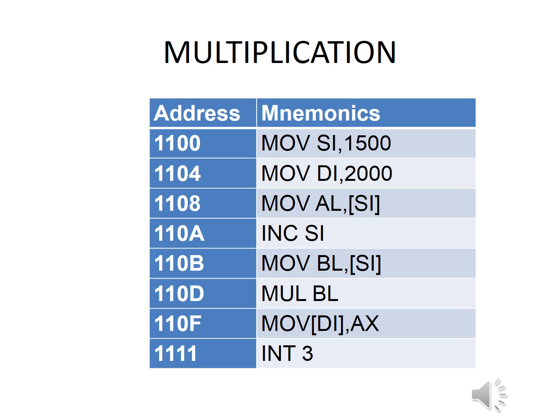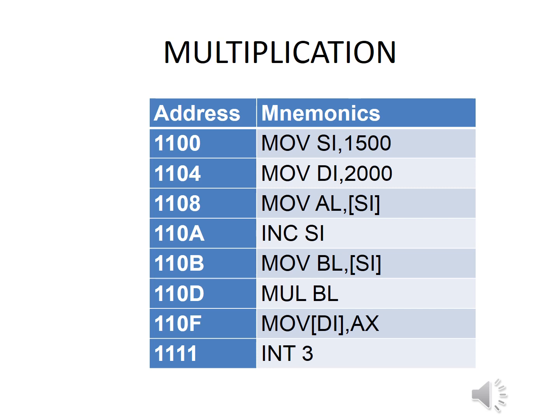Now the mul operation performs the multiplication. So here we are giving mul BL. Next, the result will be stored in the accumulator content and that accumulator content gives the product of the multiplication.